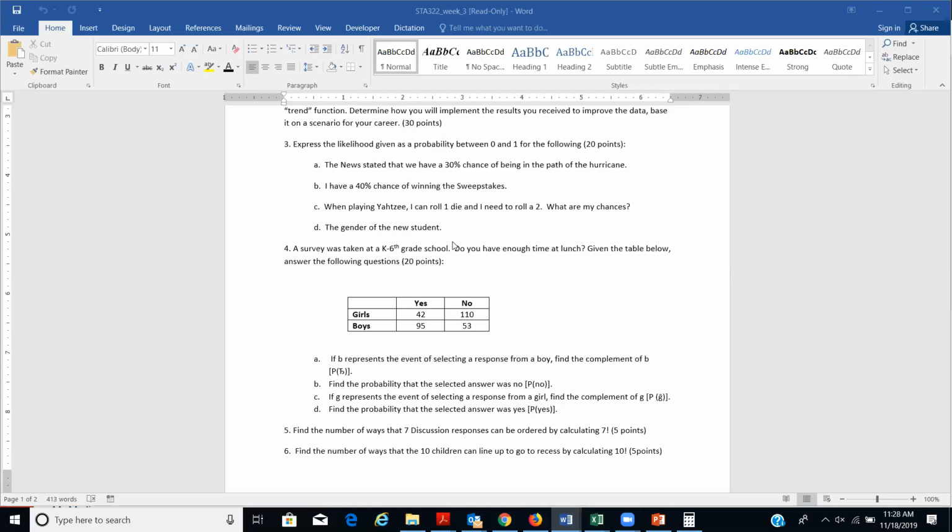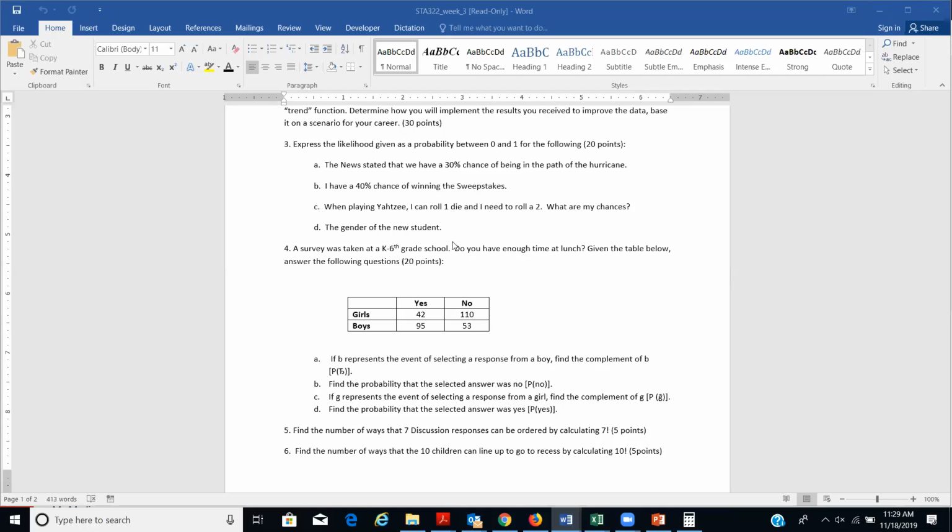So we're looking at these data. We can look at the data from all sorts of different viewpoints. We can total up the number of girls. It was 152.